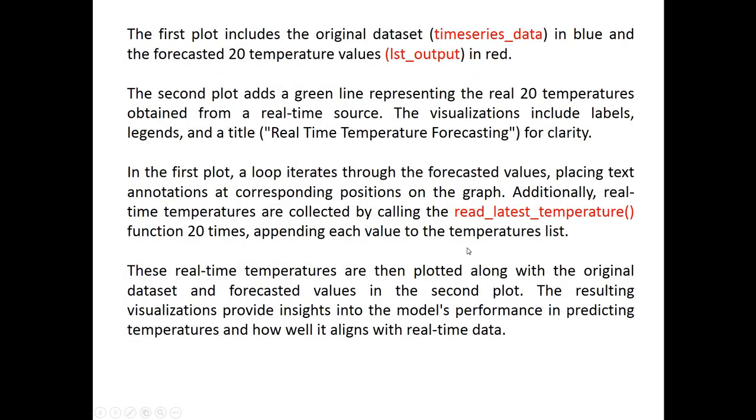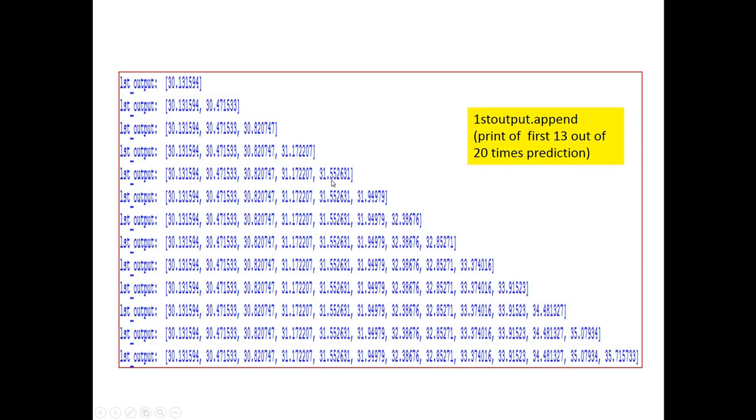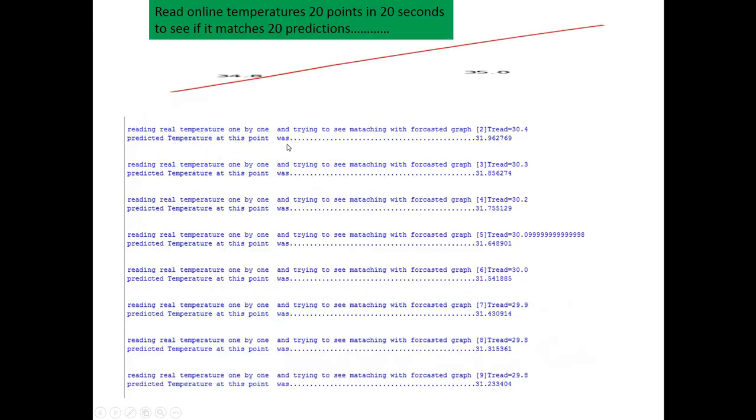And now, whenever it goes through i equal to 0, i equal to 1, up to 20, the first output gets updated with the new forecast. It goes on appending 20 times, and this is stored in first output. The first output can be simply plotted.